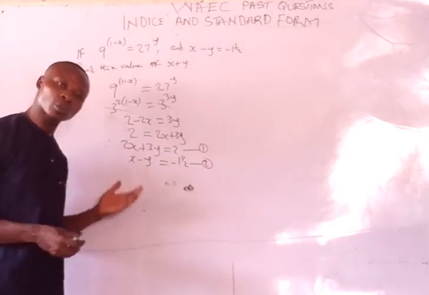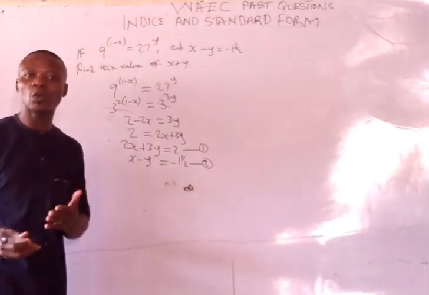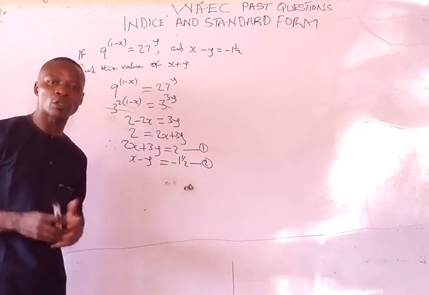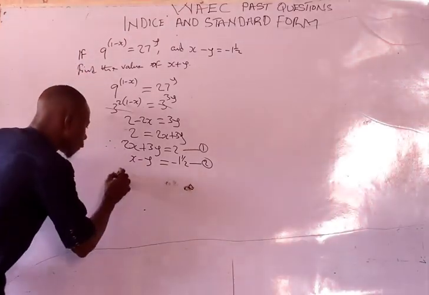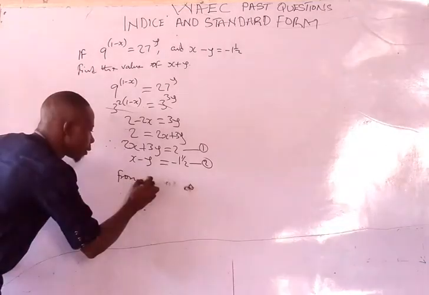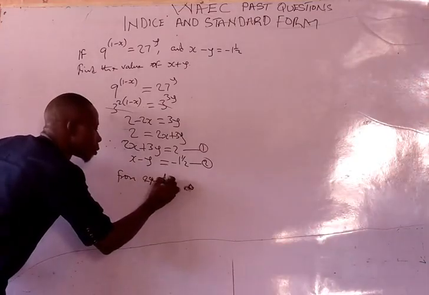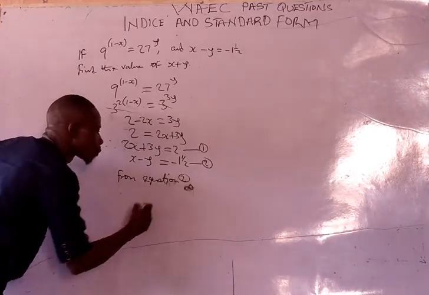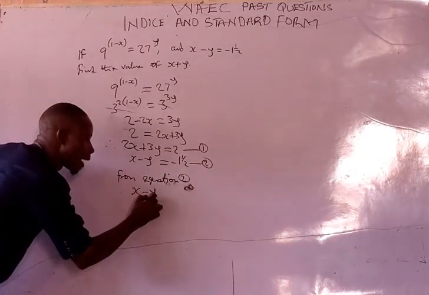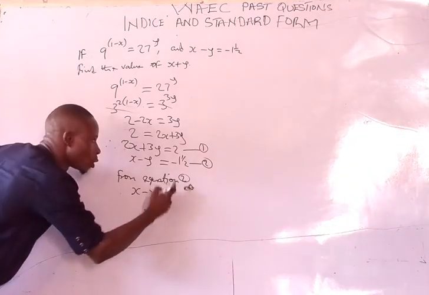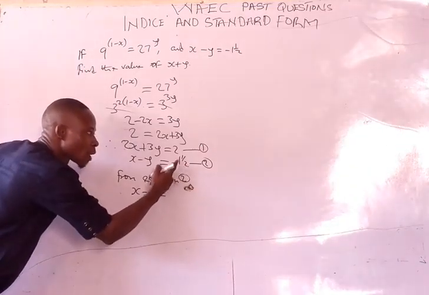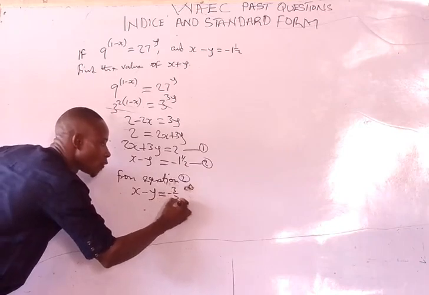I would like to use the substitution method on this one so that we understand both. So from equation 2, we have x minus y equal to minus 3 over 2.